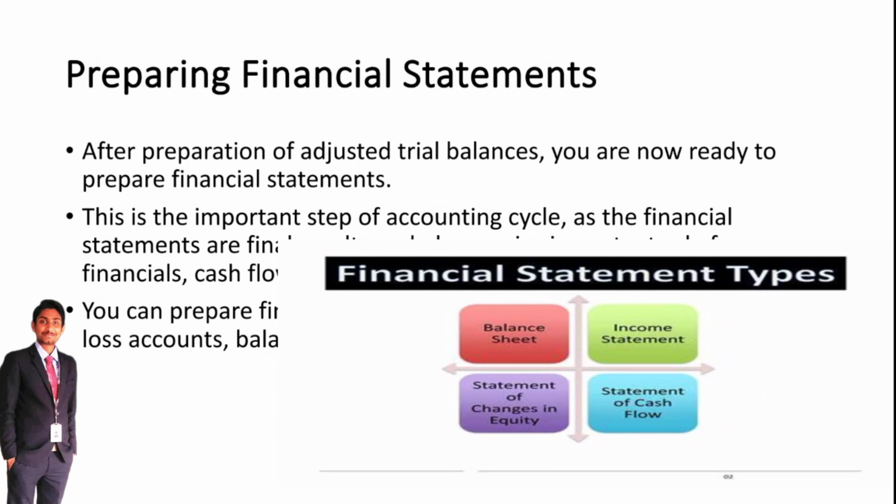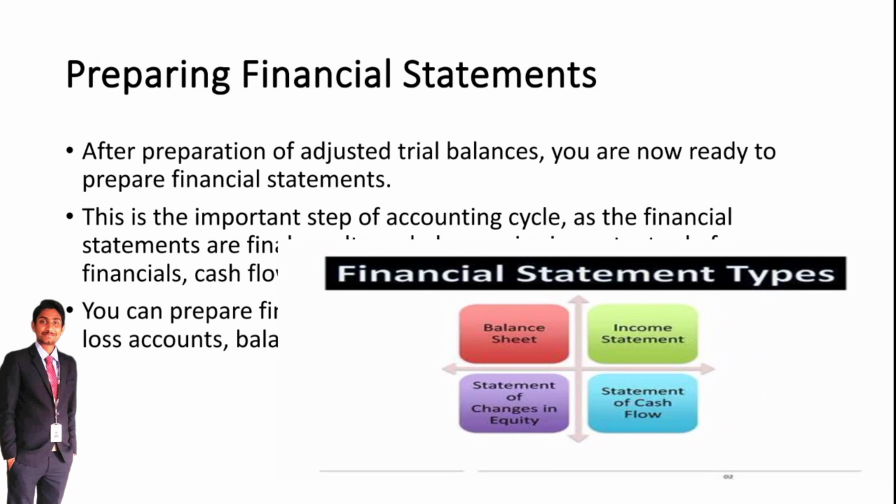After successful preparation of the adjusted trial balance, we prepare the financial statements. This is the important and final step of the accounting cycle. Using the adjusted trial balance, we prepare the balance sheet, the income statement or profit and loss account, the statement of changes in equity, and the cash flow statement.